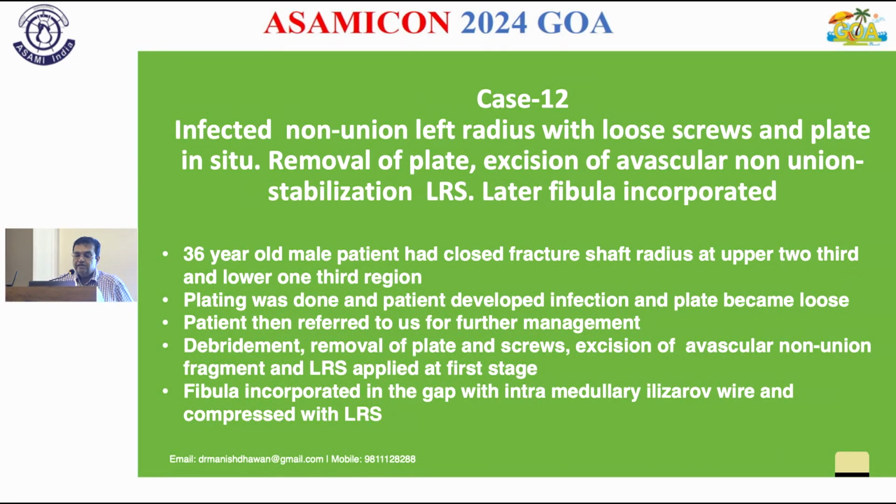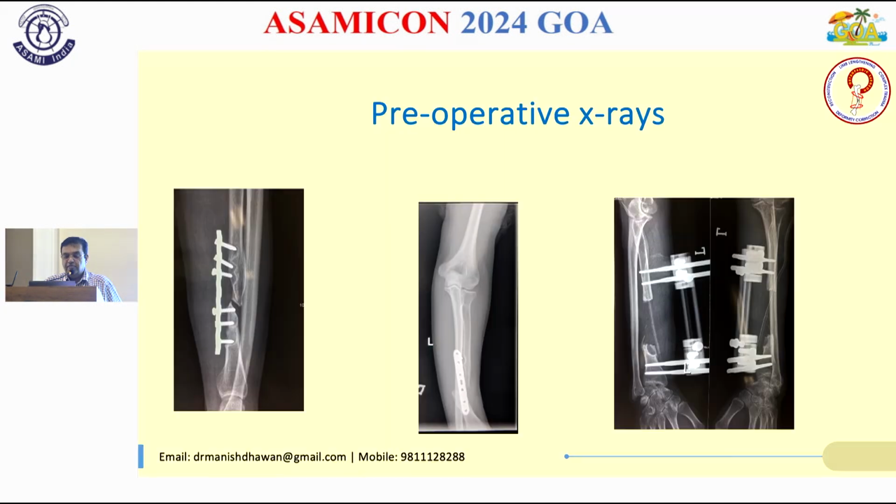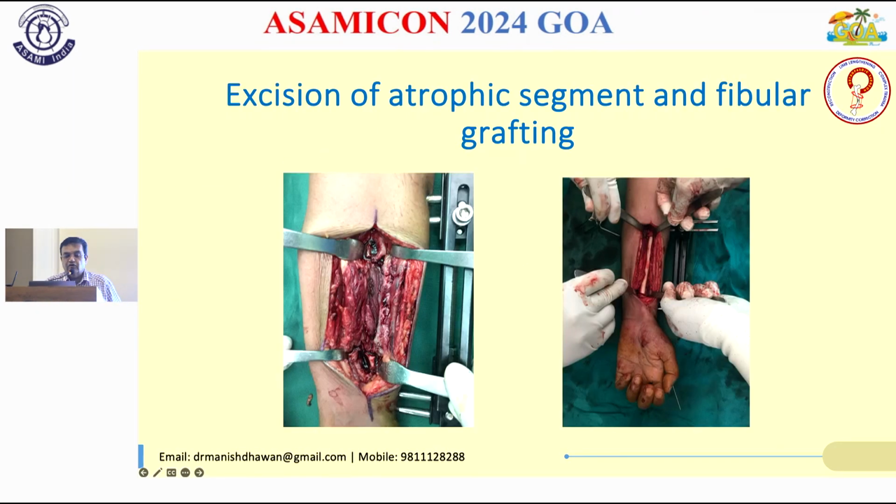So this is a 36-year-old male patient, had a closed fracture shaft radius at the upper 2/3 and lower 1/3 region, and patient developed infection, the plate became loose. Debridement. So this was the situation, plated, infected. So I removed everything, debrided the whole area, applied LRS in the forearm.